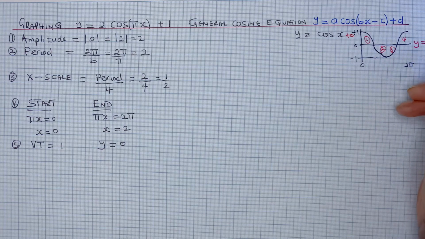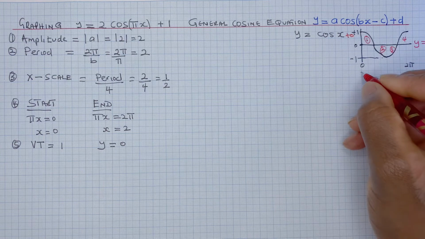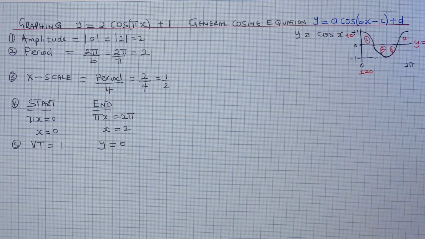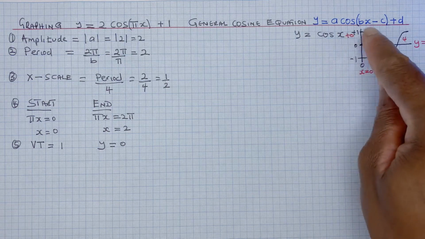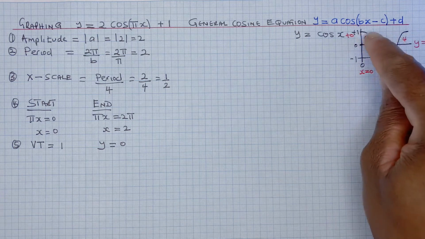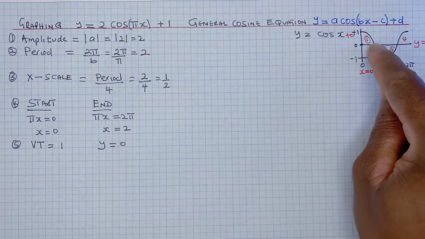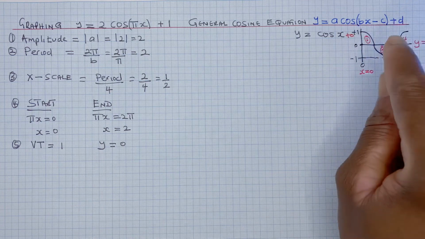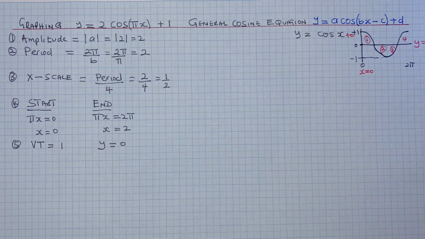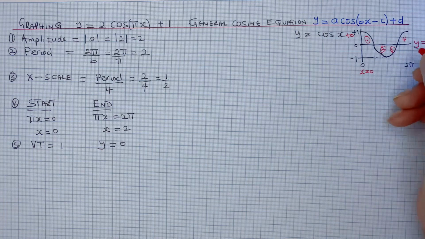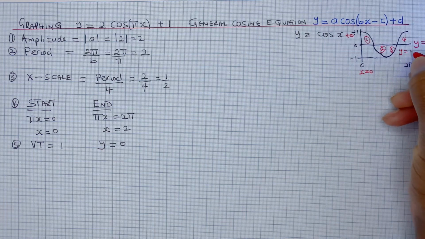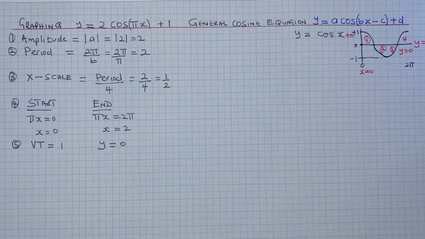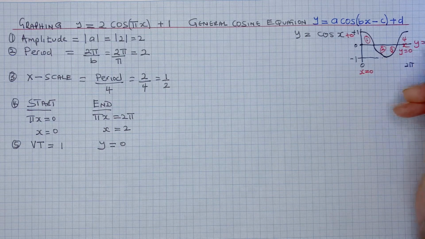X-axis is y equals 0, and y-axis is x equals 0. This curve is lying on the x-axis because the constant is 0. So therefore y equals 0. Let's just write it here. Y equals 0 for the x-axis. So that's the x-axis here.